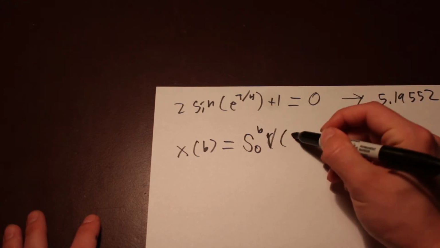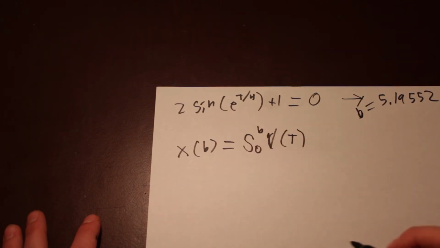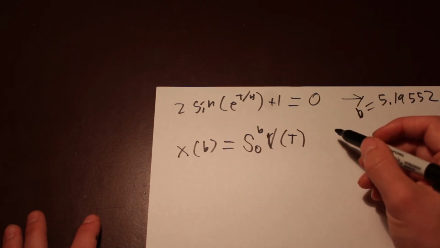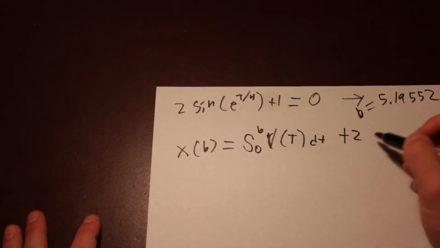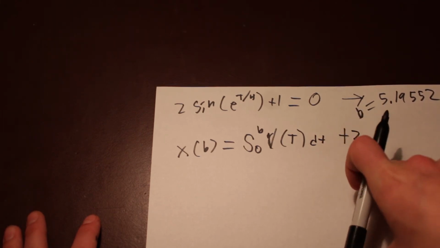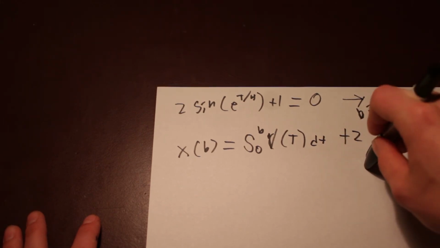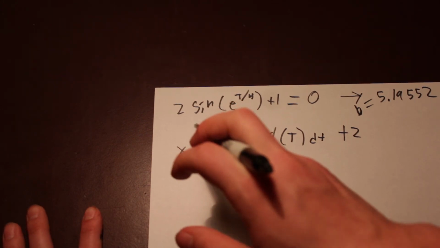We can just write v of t because we already wrote the velocity function up here, dt, and then we need to add 2. The reason we're adding that is because at time equals 0, x of 0, the position, is 2.